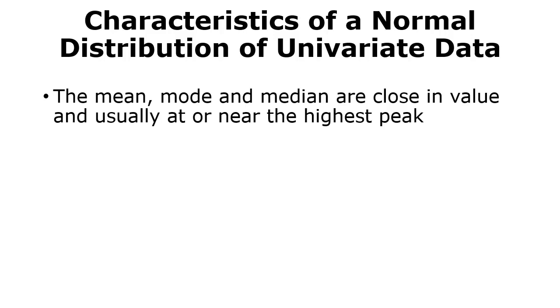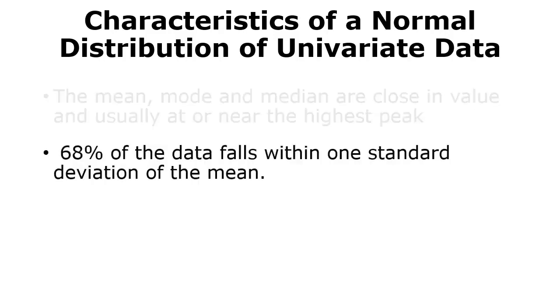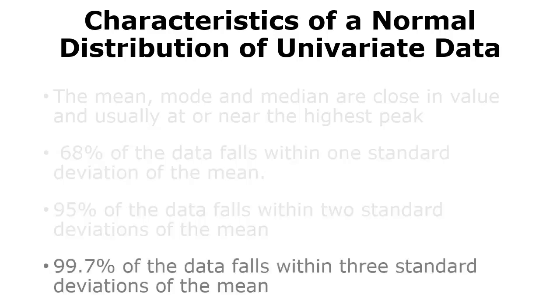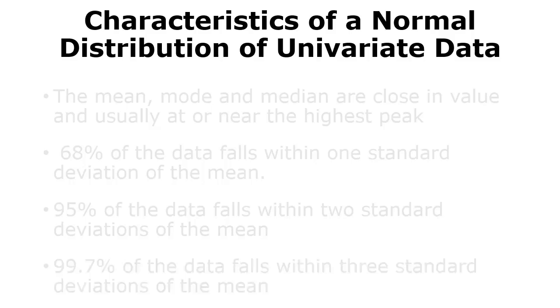Sometimes distributions have more than one peak, but typically a normal distribution looks like the graphs that we've been seeing. 68% of the values of the data will fall within 1 standard deviation of the mean. 95% will fall within 2, and 99.7% of the data will fall within 3 standard deviations. So nearly all values would fall within no more than 3 standard deviations from the mean.